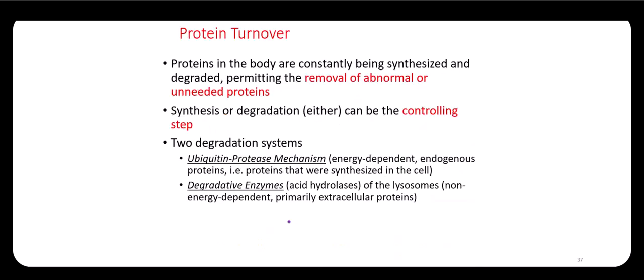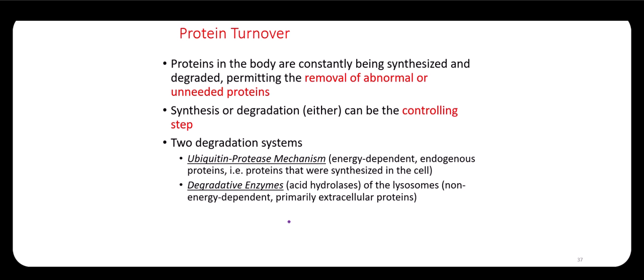Okay, we're constantly, like so many molecules, turning over protein. So we're constantly making protein, we're constantly breaking protein. So we have a couple of different ways of breaking down protein. We have a ubiquitin protease mechanism. We'll talk about that a little more later, but we use it mostly on endogenous proteins, so proteins that were synthesized in the cell.